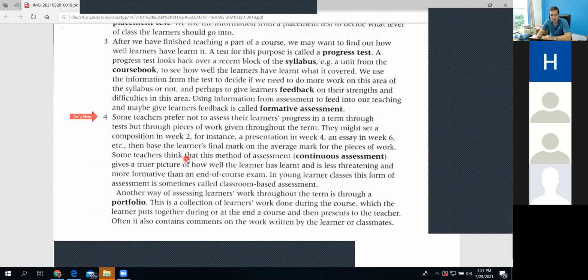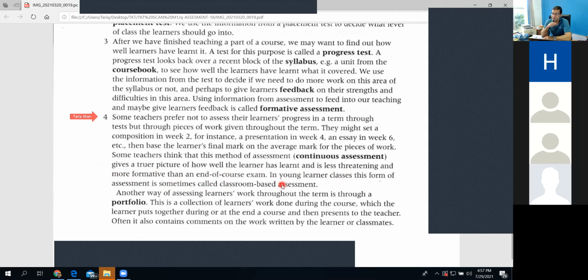Some teachers think that this method of assessment, continuous assessment, as they call it, gives a truer picture of how well the learners have learned and is less threatening and more formative than an end of course exam. In young learners classes, this form of assessment is sometimes called class-based assessment.